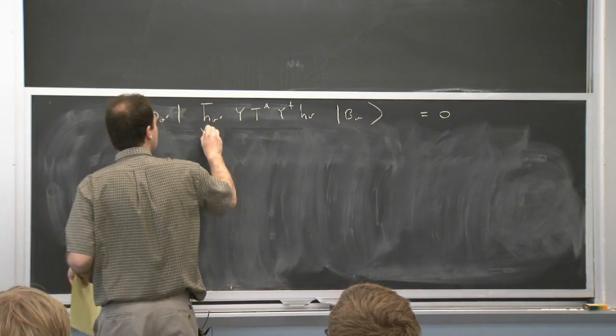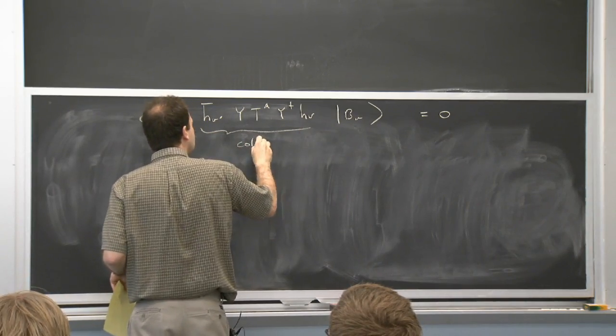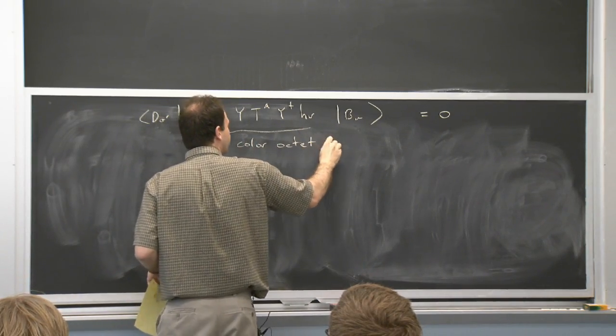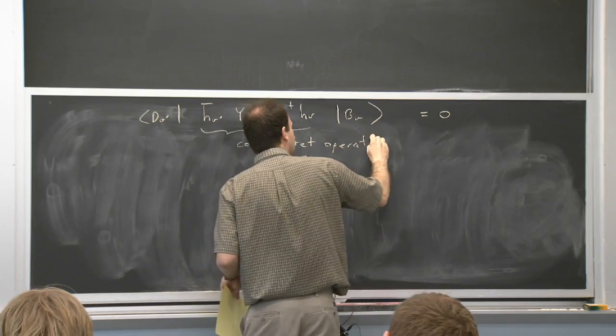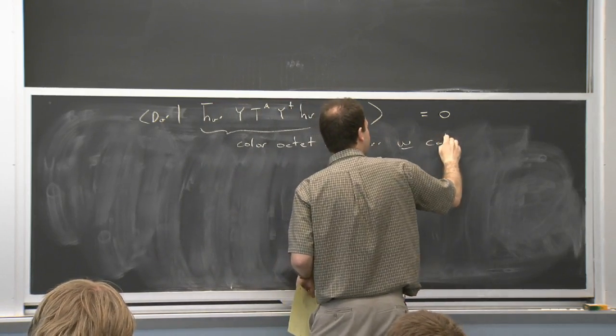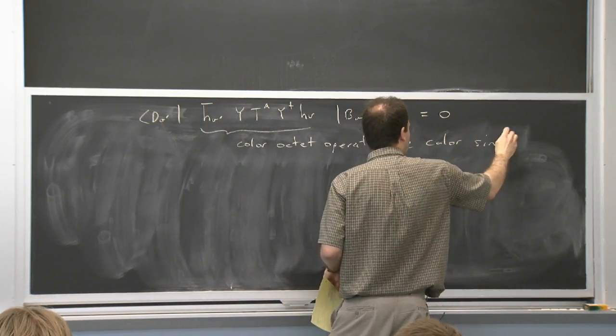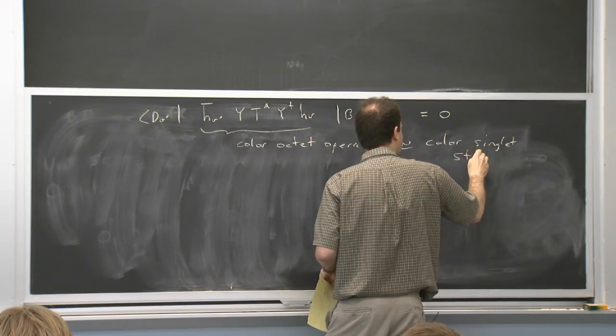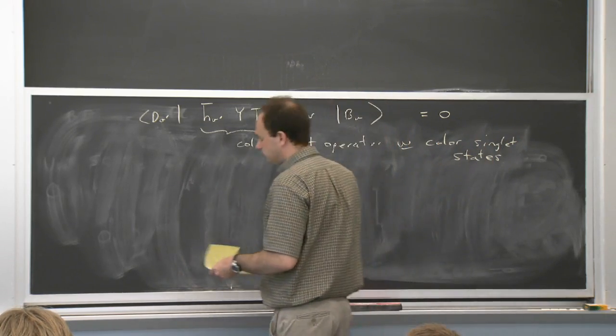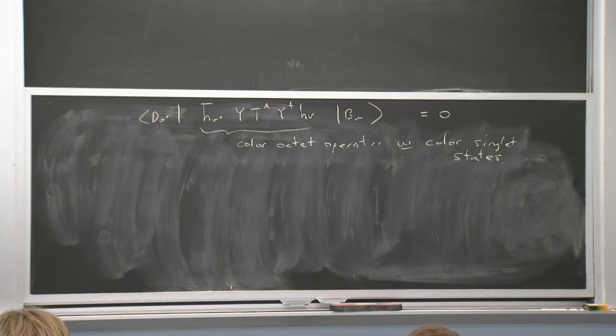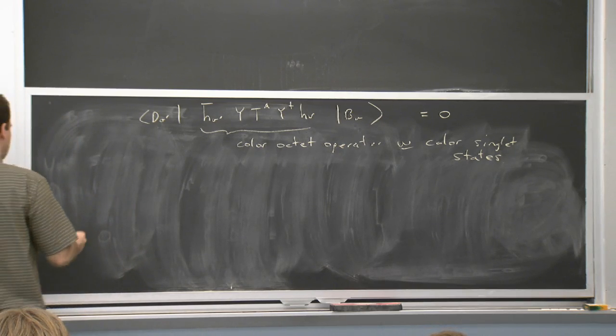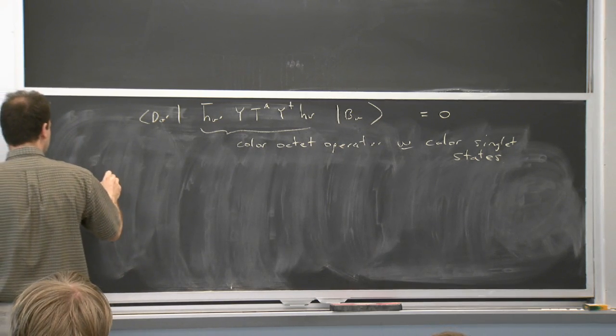Okay, so color octet operator, color singlet states. Then you just put things together, and we can multiply these two things to get the final result.